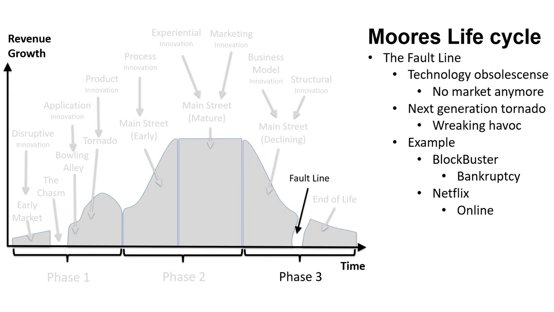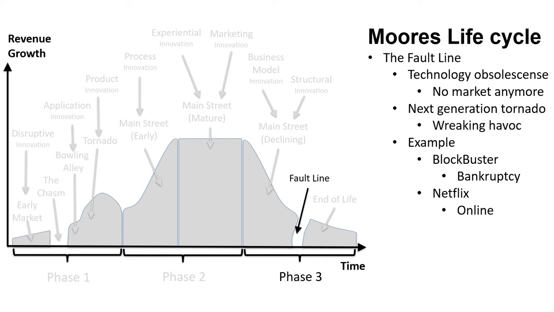Stage 8. The fault line. Technology obsolescence has struck like an earthquake, exposing the fault line between what the company sells and what the market now desires. The fault line is an indication that the production of the product cannot be saved. There is no market anymore.